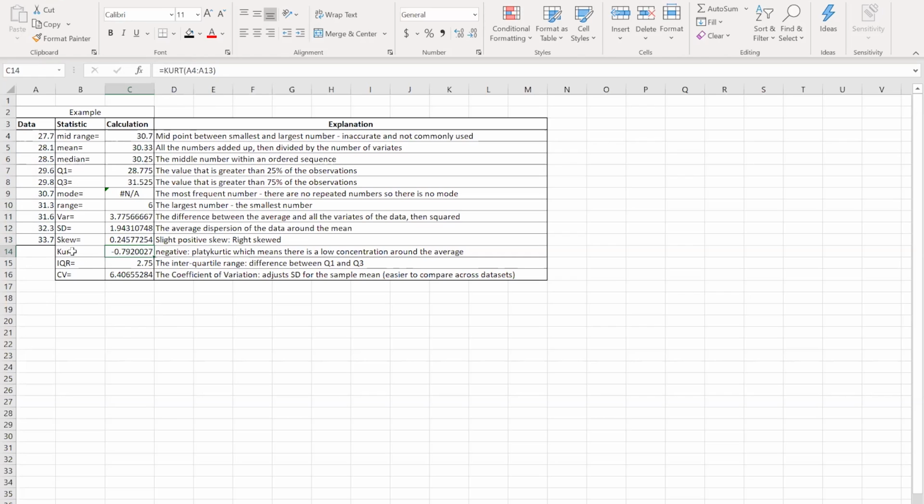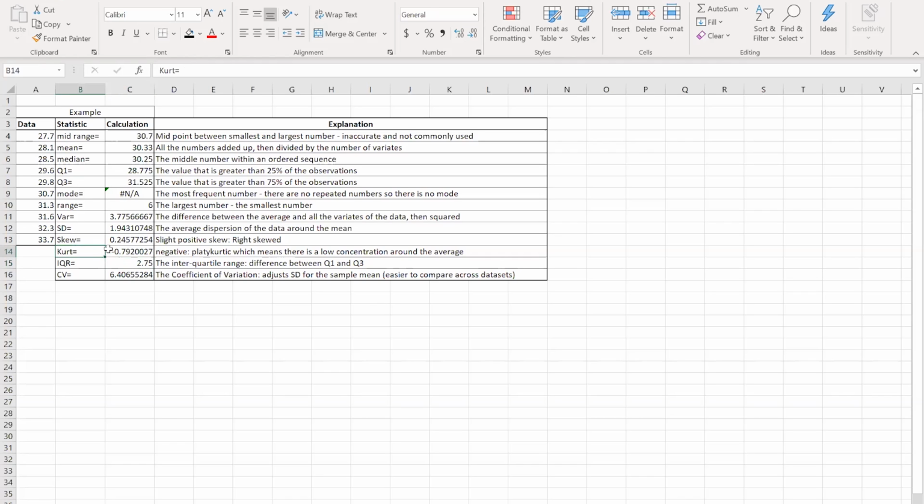Here we have our kurtosis, which is using the kurt function for the data. And we have negative 0.792, which is negative, which means that it's platykurtic, and there is a low concentration around the average.